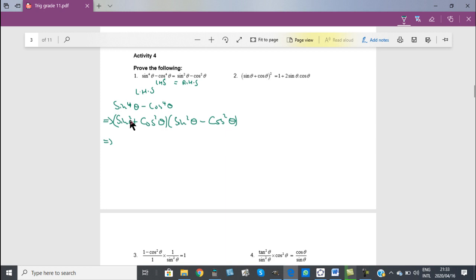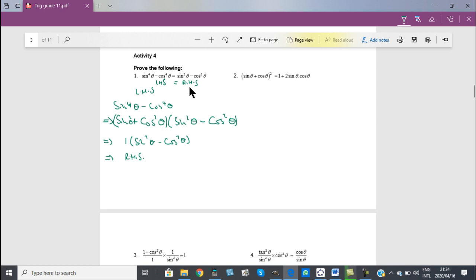Now remember, sine squared theta plus cos squared theta is just 1, so this is just 1 times sine squared theta minus cos squared theta, which is just your right hand side.